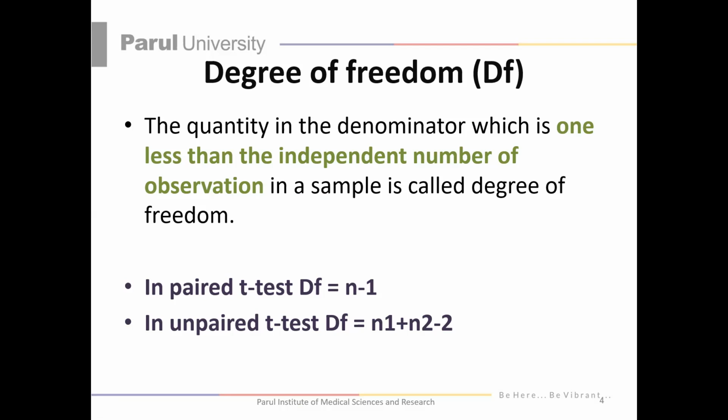For the paired t-test, degree of freedom is n-1, meaning number of subjects in your sample minus 1, and in unpaired t-test, degree of freedom is equal to n1 plus n2 minus 2. n1 is the number of subjects in the first sample, n2 is the number of subjects in the second sample, and minus 2.